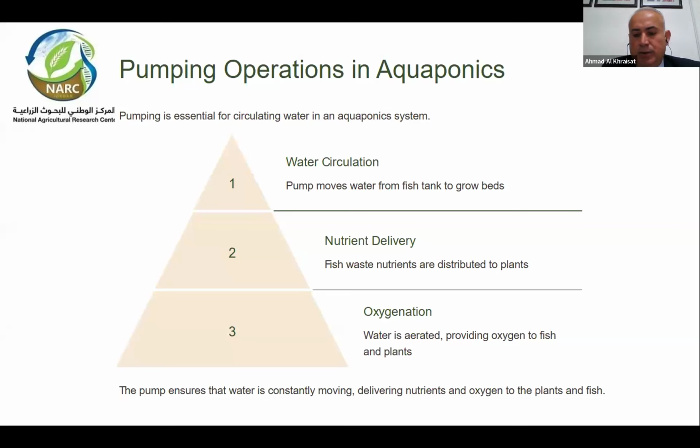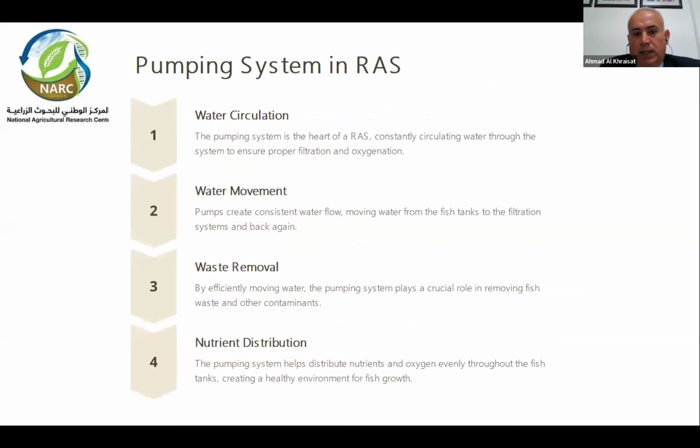Oxygenation is very important for the water, through aeration providing oxygen to the fish and plants. Pumping is very important for water circulation and water movement, which makes the system efficient, along with filtration for waste removal and nutrient distribution between the fish and the plants.